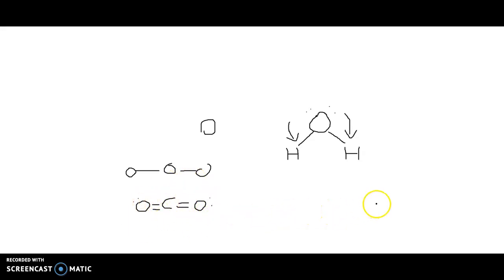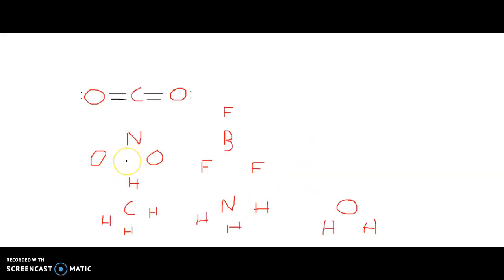All right, so now I just want to show you these different shapes. We call this one the linear shape. So now we have nitrogen and oxygen.